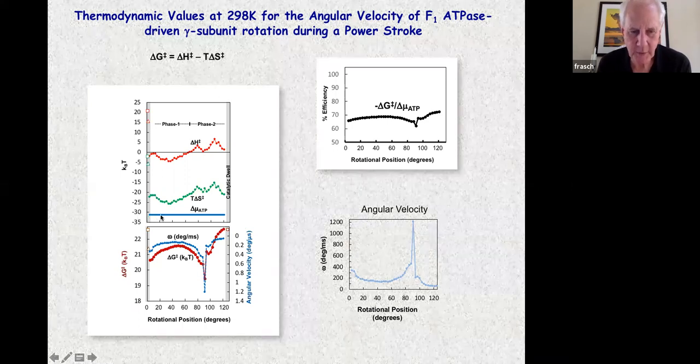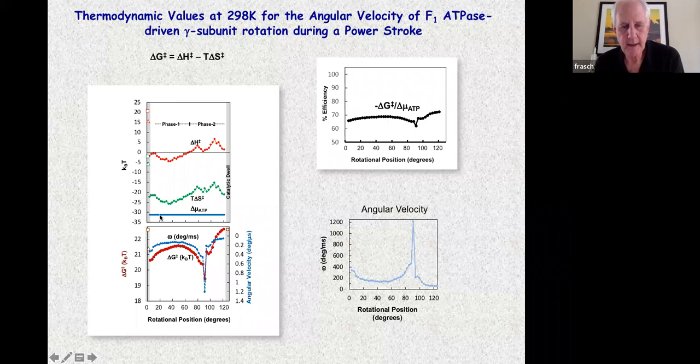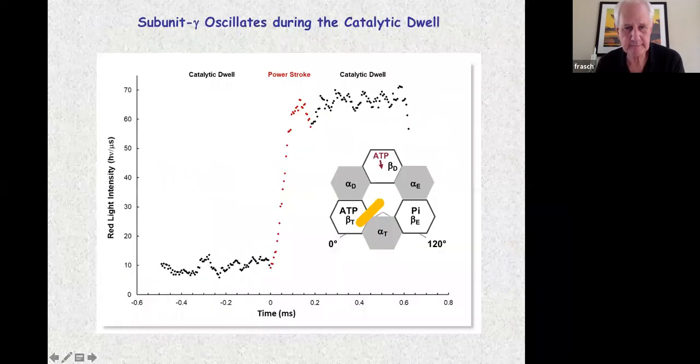And you can calculate the ATP energy that we are providing it, divide that by this free energy of activation, and now we get our efficiency. It's not 100%, it's still very high, but it's not 100%. We haven't broken the second law of thermodynamics. At this point, we've also started to look at what happens during the catalytic dwell.